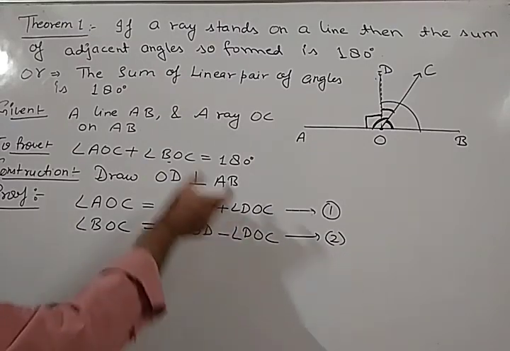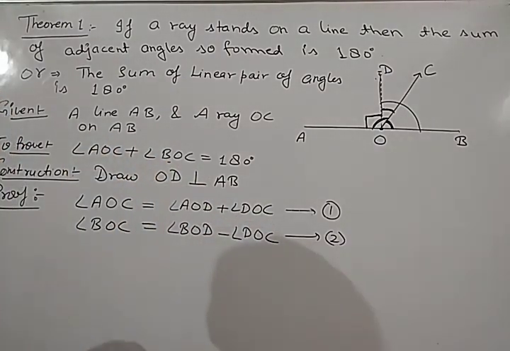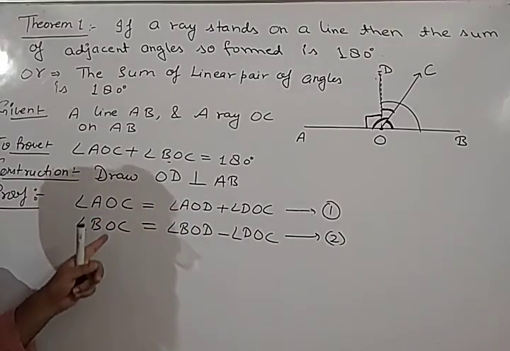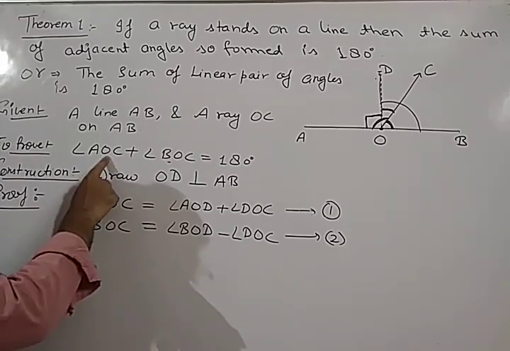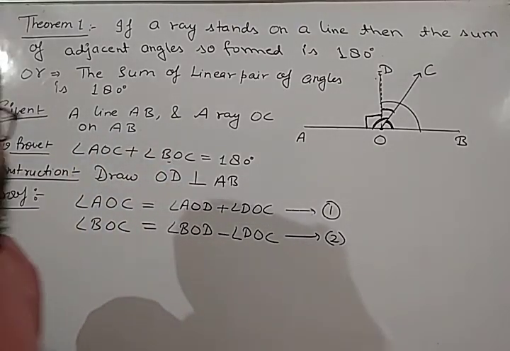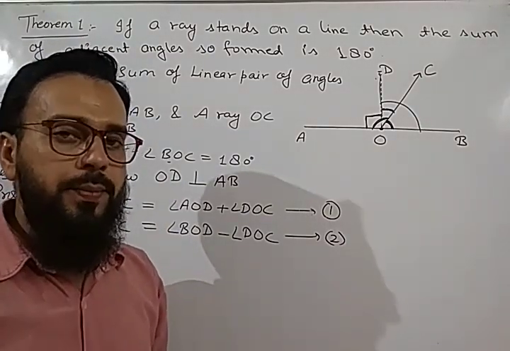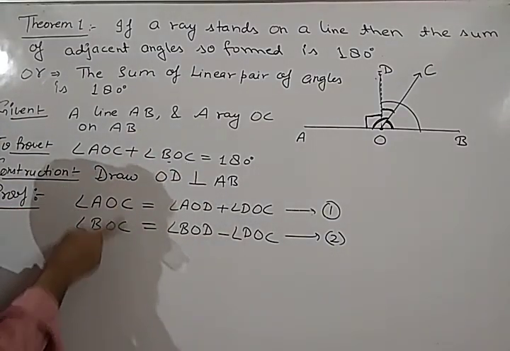Now coming to the proof, what do we have to prove? We have to prove angle AOC plus angle BOC. If we see both equations, on the left hand side it is angle AOC and angle BOC. So we will add these two equations.